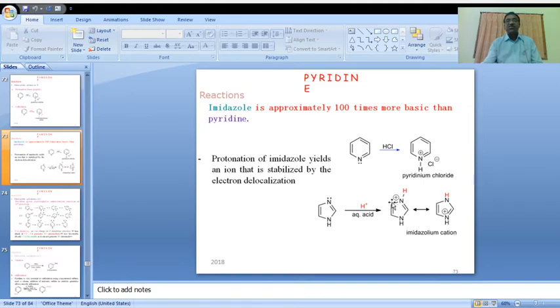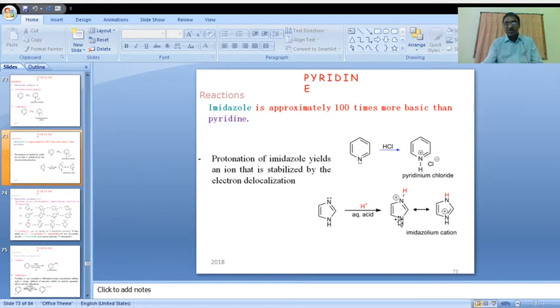In this imidazolium cation, electrons participate in the delocalization process in the cyclic ring. In that case, it gives another resonance structure. Please observe. The top nitrogen gets a positive charge.